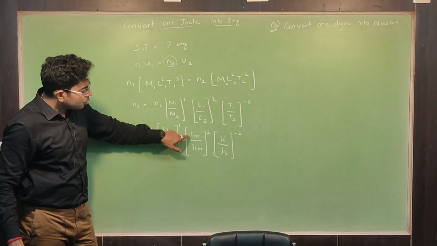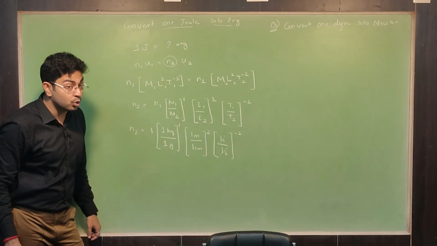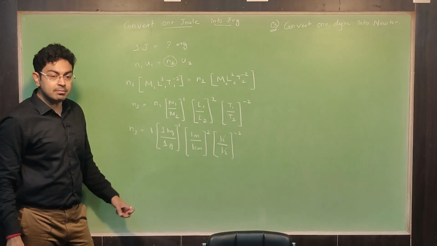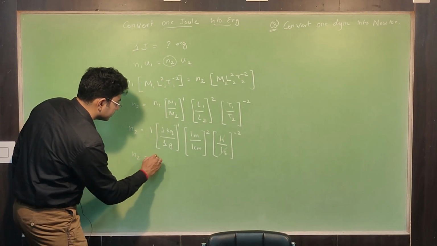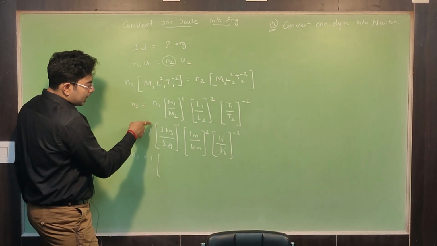But can I cancel 1 meter and 1 centimeter? No. 1 kg and 1 gram? No. So what do I have to do? N1 is 1, that's why I have written 1 here.